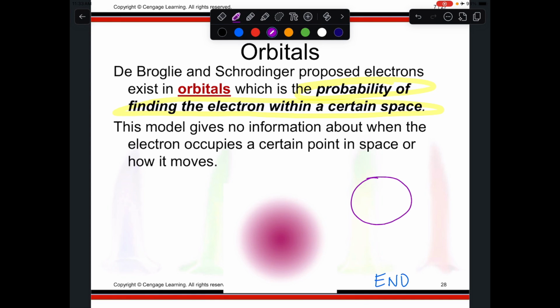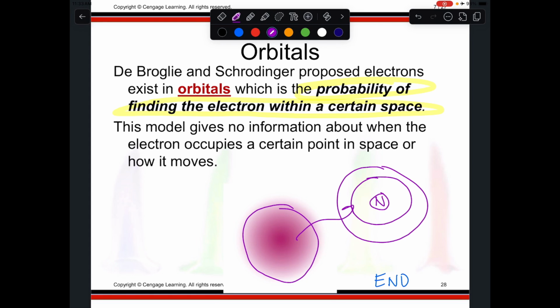So instead of a very solid mass where we can assume we'd find an electron, say I have a nucleus here and some subshells, instead we have to imagine this as our first circle. It's a density map, meaning the darker color means we have found electrons there more commonly than in the outer lighter colors. So instead of it being stuck in a ring, it's basically anywhere along here.